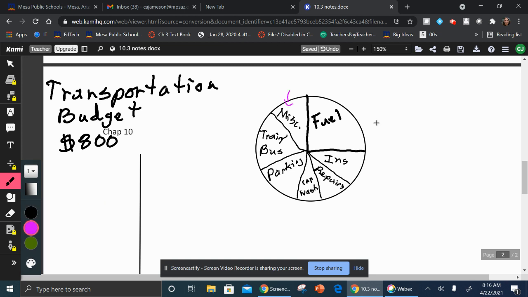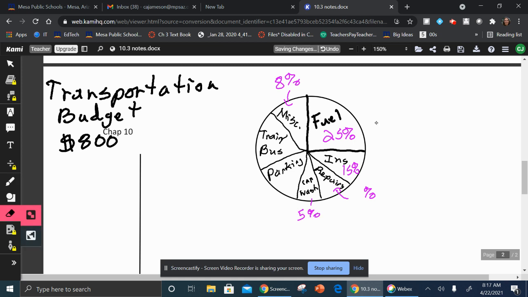So miscellaneous is 8%. Fuel is 25%. Insurance is 15%. Repairs are 5%. Car wash is actually 5%.